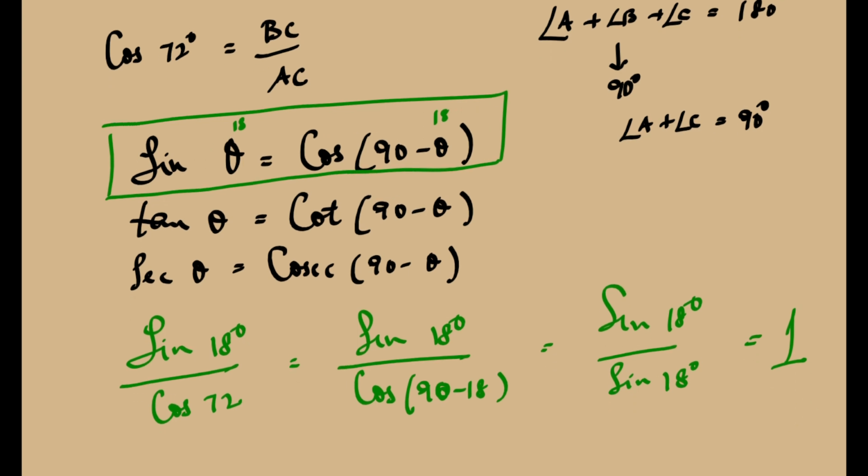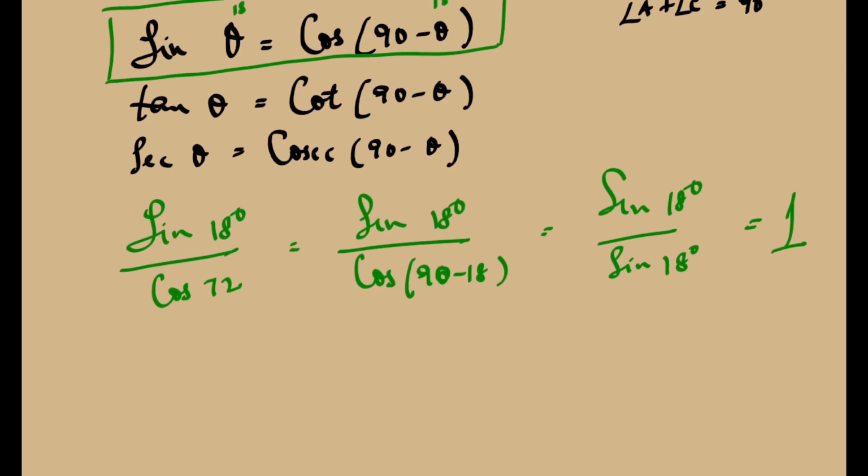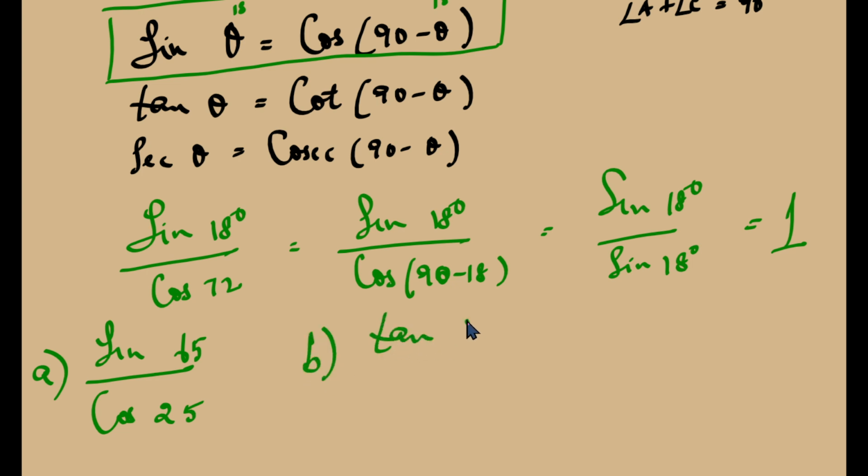Now for any problems given to you in this manner, let me give you some examples of problems involving complementary angles. If you change the same problem to sine 65 by cos 25, 65 and 25 being complementary angles, this is also equal to 1. Or if the problem given to you was tan of 26 by cot of 64, you would have guessed the value now.